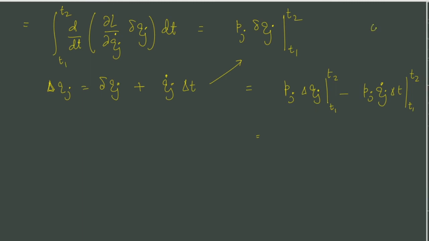Just like our old variation, we were demanding that this should vanish at T1 and T2 at the end point. Similarly, here we are considering the delta variation to vanish. So if this is 0, then after this long calculation, all we have is Pj Qj dot delta T evaluated at T1 and T2 with this negative sign. This is equal to our delta A. Not delta A, sorry. This is equal to this.